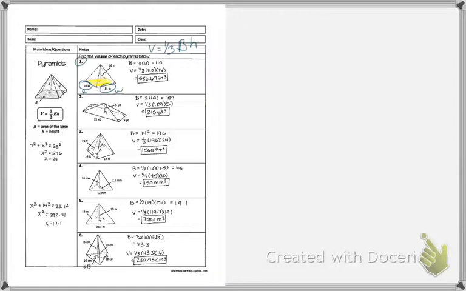The height of the pyramid is going to go from the center of the pyramid on the base straight up to the vertex of the pyramid. That means the highest point right here. Okay? This is your height. So if that's given to you, like in number 1, it's 16, you simply plug it in. There it is, there it is, and there's your answer.